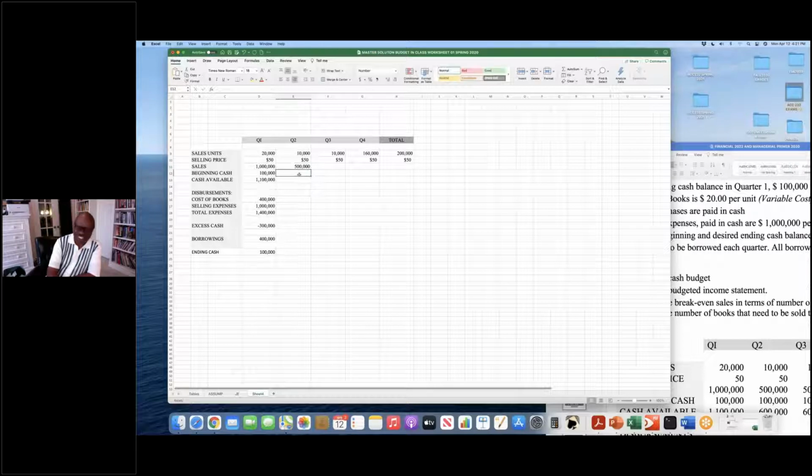Then we have the 100,000 that we bring up from down here, so now we got 600,000. But what are our expenses going to be? The cost of books is 200,000. How'd you get 200,000?